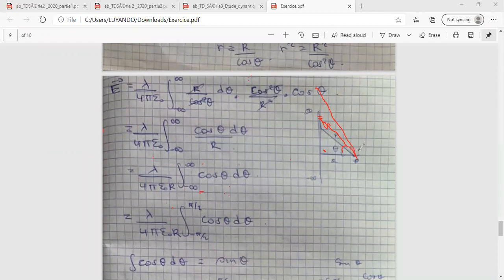There's going to be a point at infinity where my r is just in this vertical position. So this angle here is going to be equal to theta. This is where this theta is coming from.